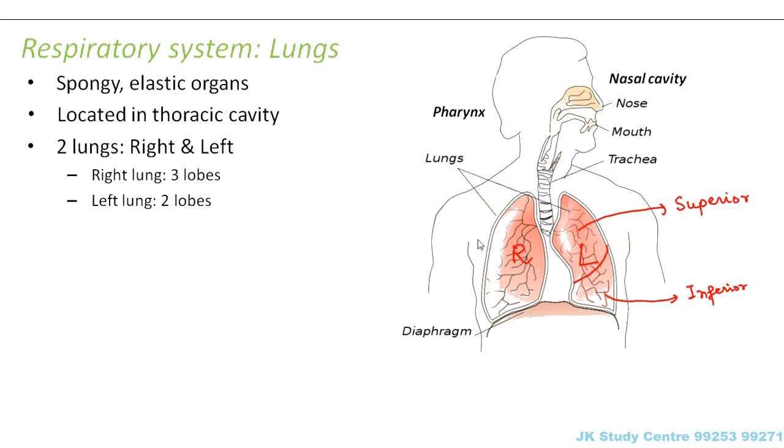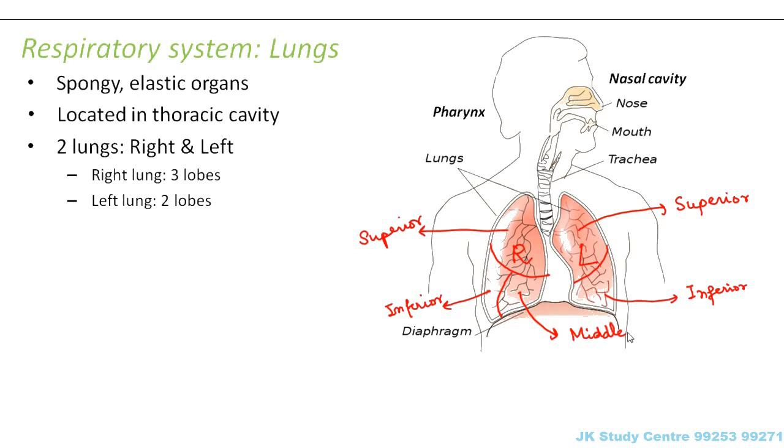Similarly, the right lung is divided into three lobes. The top one is the superior lobe, the bottom one is the inferior lobe, and the lobe which lies in the middle of the superior and inferior is known as the middle lobe.